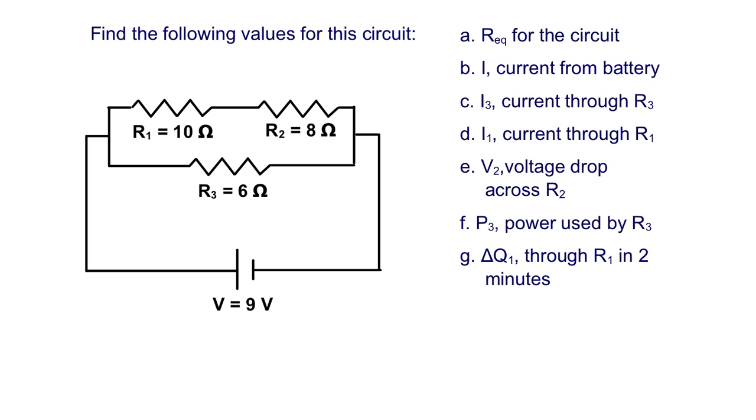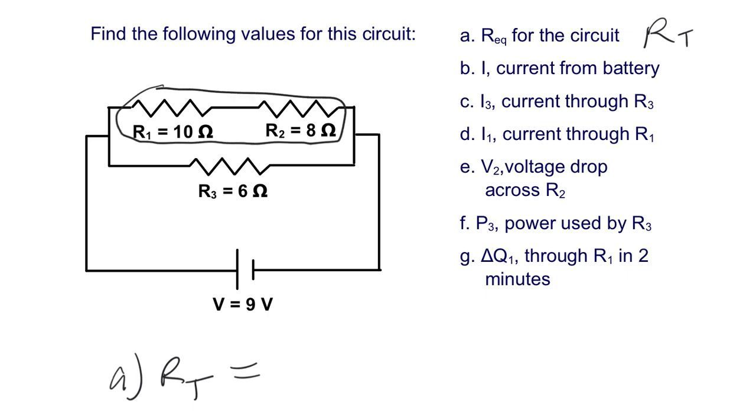So this is a chain of questions for this circuit. So let's first find RT, the equivalent resistance. First of all, I would jam these together because you would just add them when they're in series. So R12 is equal to 18 ohms, 10 plus 8.